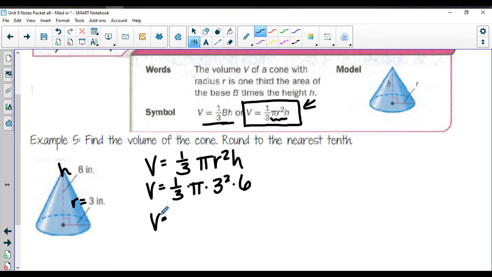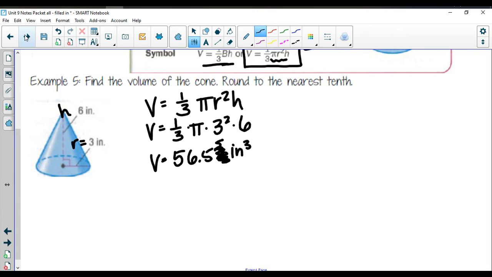So 1/3 times 3.14, because I'm going to jump to a decimal answer here, and I'm going to multiply by r squared, 3 squared, times 6 then, and that's going to give me a volume of 56.52 inches cubed. It does say round to the nearest tenth, so that's just going to be 56.5 cubic inches here.